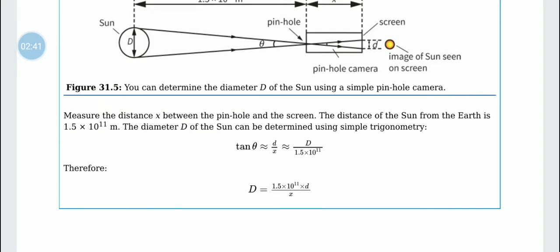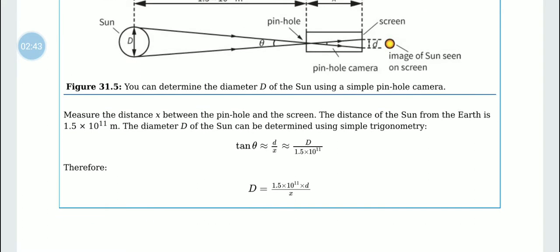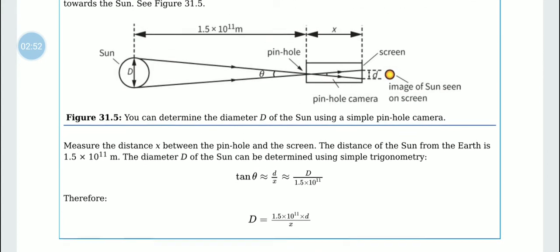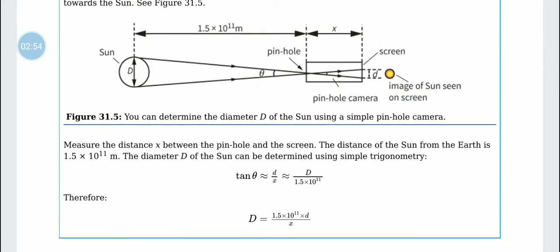So then we get D, the diameter of the sun, equals 1.5 into 10 to the power 11 into d divided by x. I hope this makes sense.